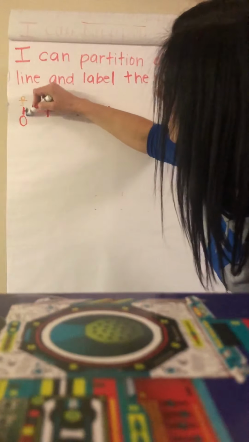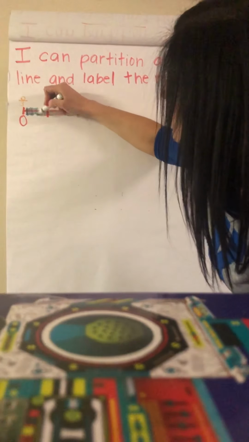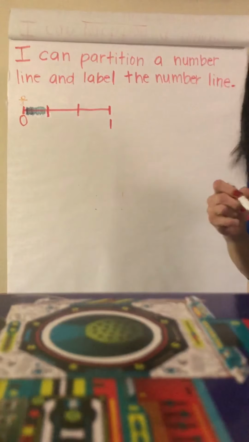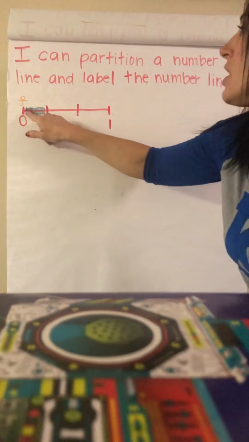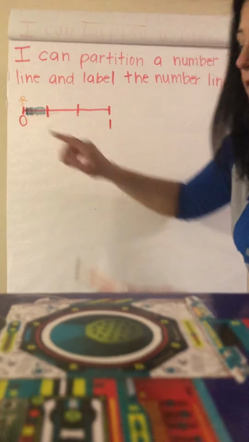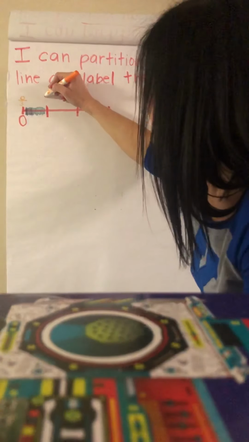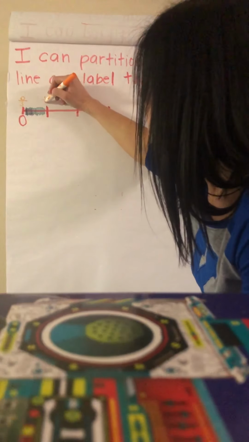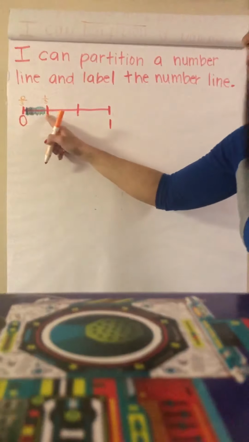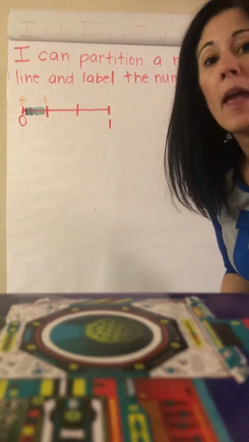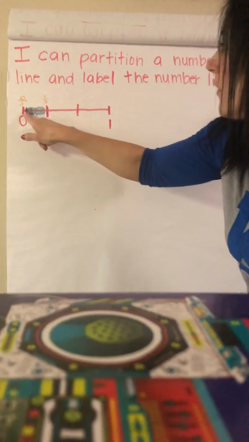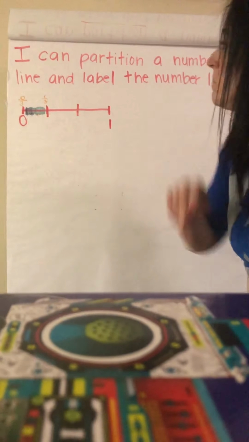If you move over 1/3, okay, you can see I've shaded one part of this number line, so we would be at 1/3. Notice I'm putting my labels where my hash marks are, okay, because that marks off the space.